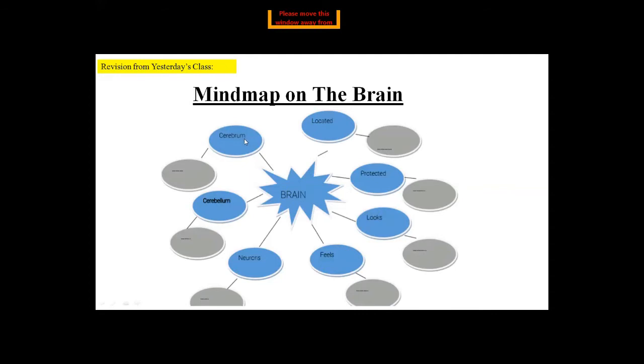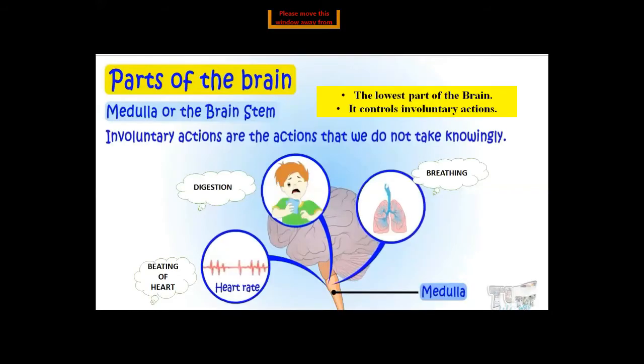Now, students, move to the third part of the brain, the medulla or brainstem. It is the lowest part of the brain. It controls involuntary actions. Involuntary actions are actions that we do without knowing.